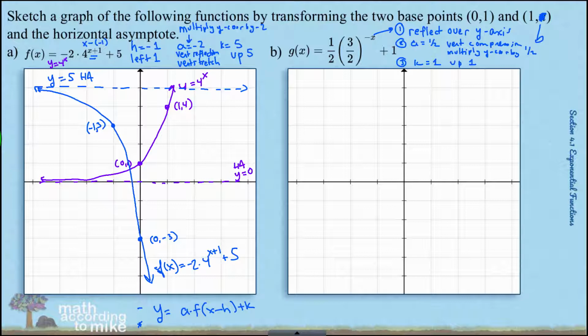I'm going to count the x-axis by 1s. But I'm going to count the y-axis by 1/2s. So go with that technique, pause the video, and see what you can do.